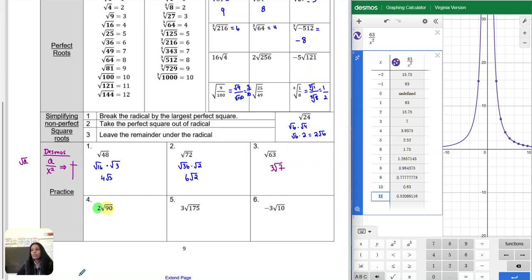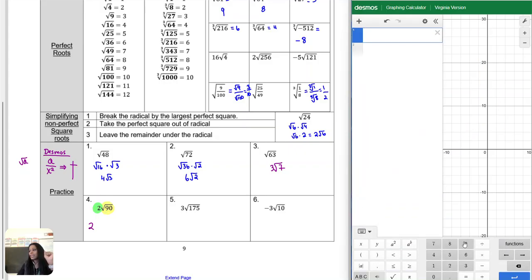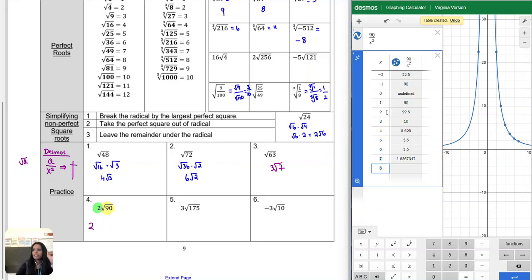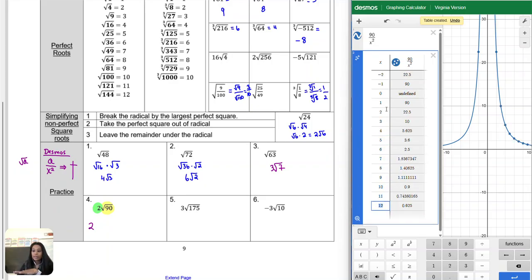Let's deal with square root of 90. So we're going to do 90 divided by x squared. Turn it into a table. Hit enter until you get to the zeros, and then you go up: 3 square root of 10.